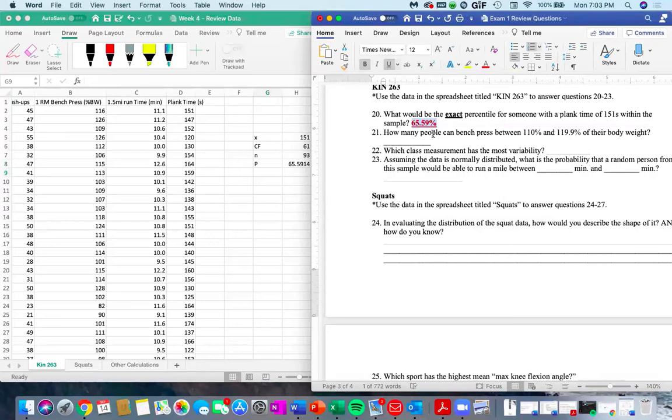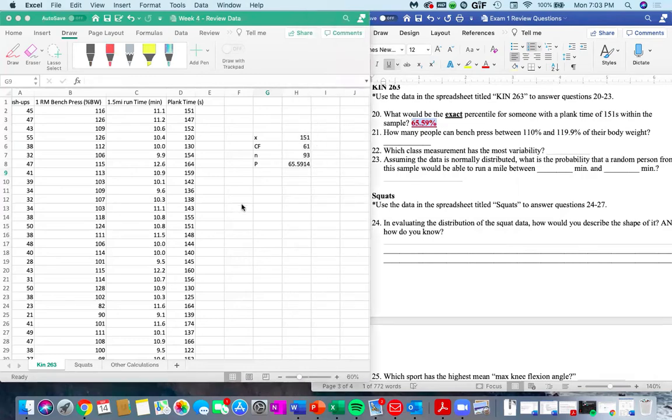How many people can bench press between 110% and 119.9% of their body weight? How might we go about figuring this out? Would we do a count if again? More specifically, a count ifs, because we're going to have two different sets of criteria.